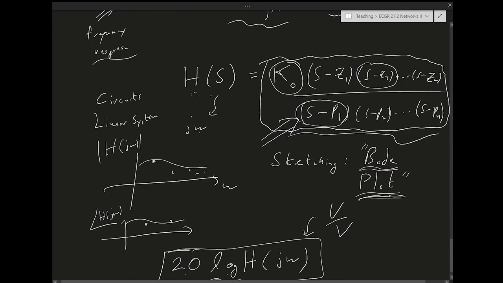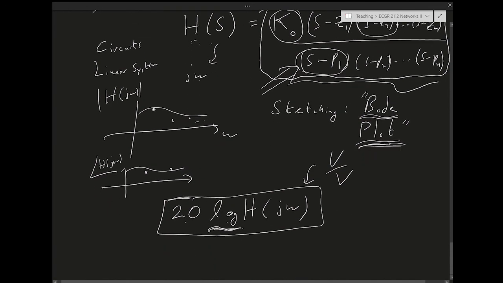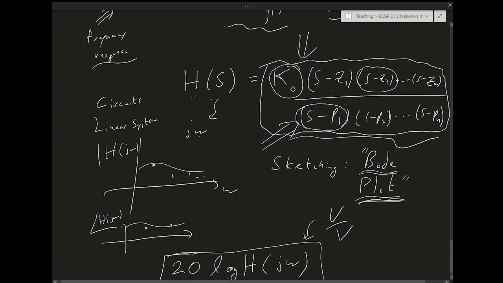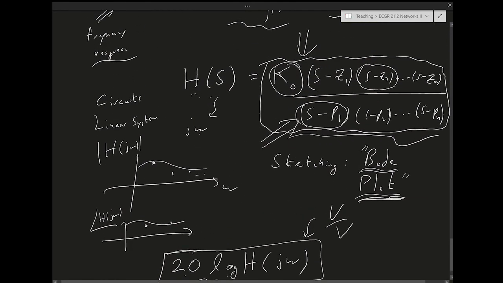What the log does is, when I take the log of this expression, I turn all those multiplications and divisions into additions and subtractions. So this allows me to plot everything separately. If I plot 20 log of the function instead of the actual function, I can plot everything separately, and because it's all log, the multiplication turns into addition.